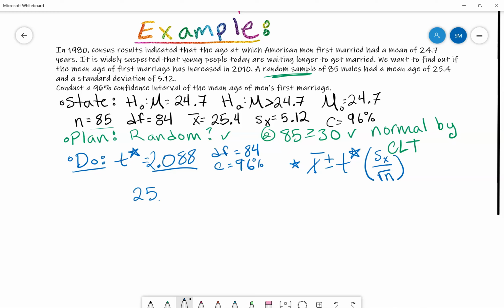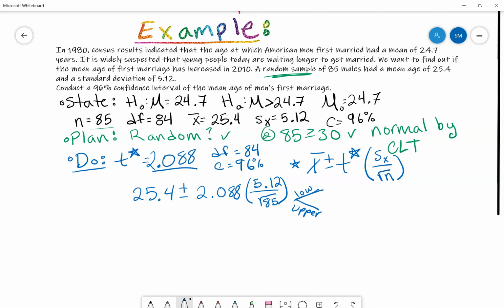So that's going to be 25.4 plus and minus T star, which is 2.088, times the sample standard deviation, which is 5.12, divided by the square root of 85. Your sample size, not your degrees of freedom. We're going to do this twice. We're going to get a low number by using the minus, and we're going to get the upper bound.